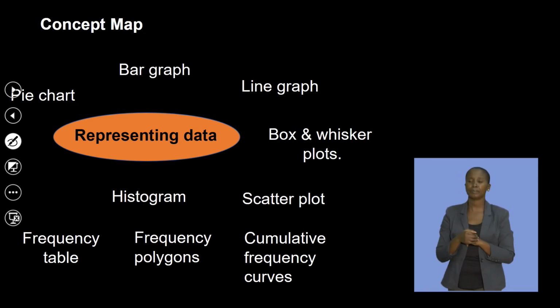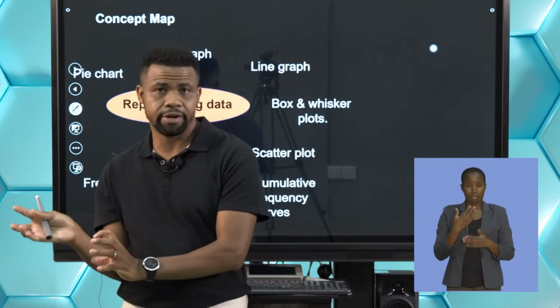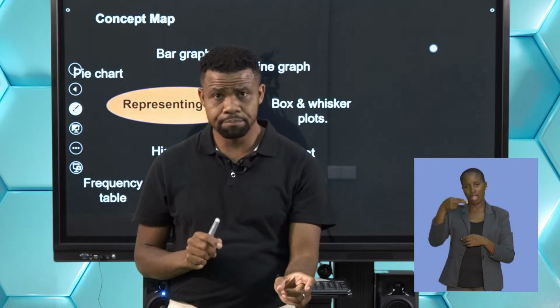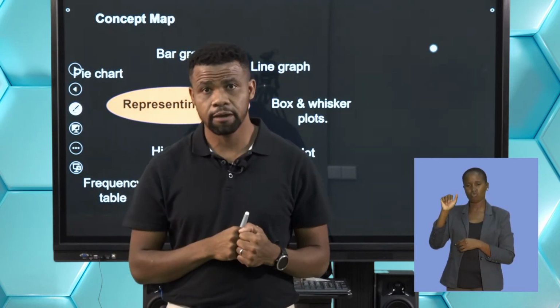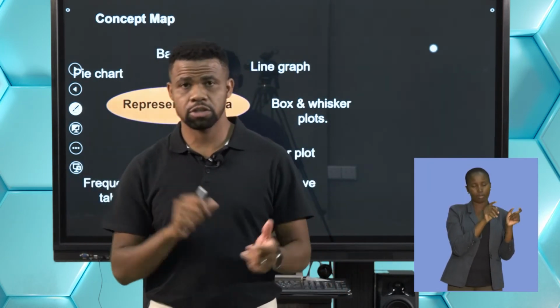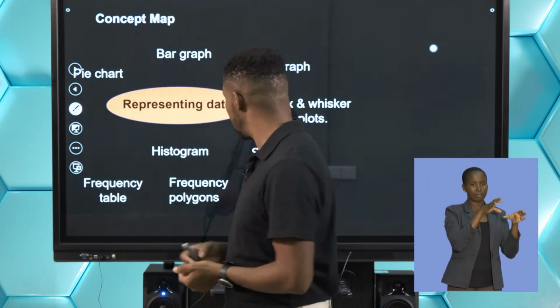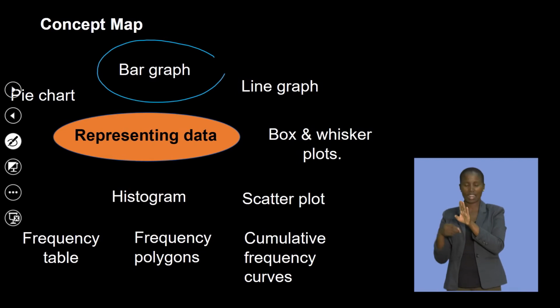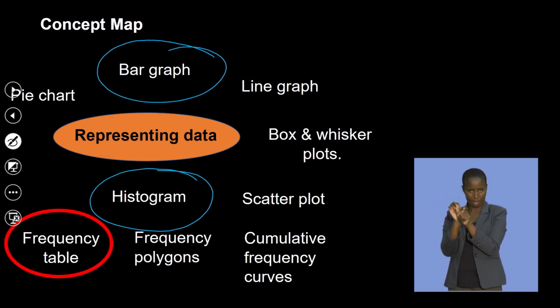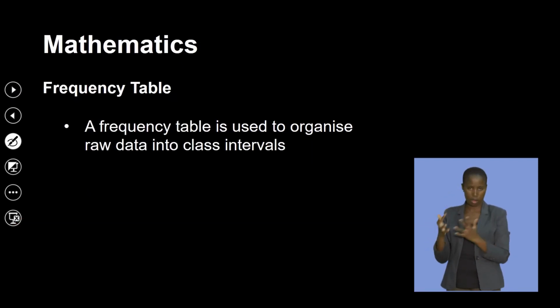So we're back. What we've discussed is a bar graph and a histogram. One with gaps, one without gaps. Categories and grouped data. Now we're going to look at frequency tables. What is a frequency table?